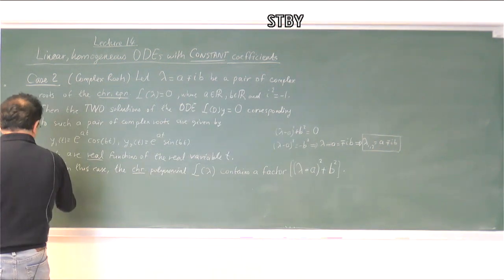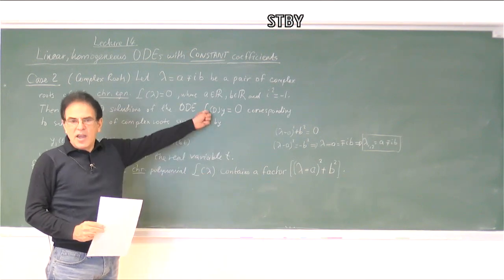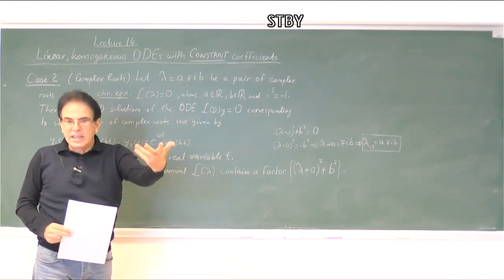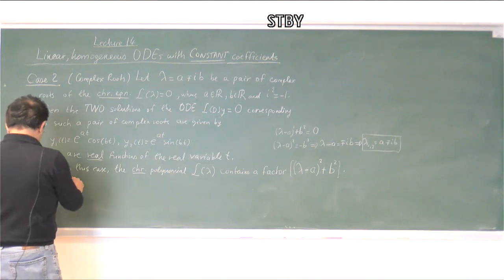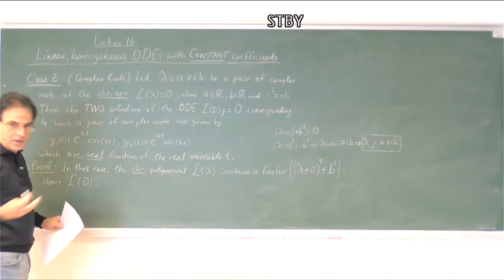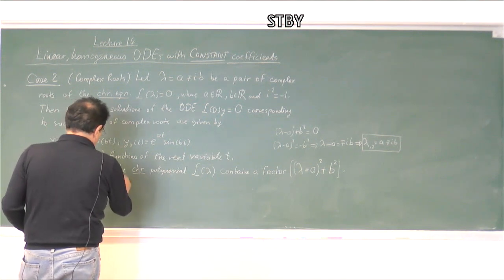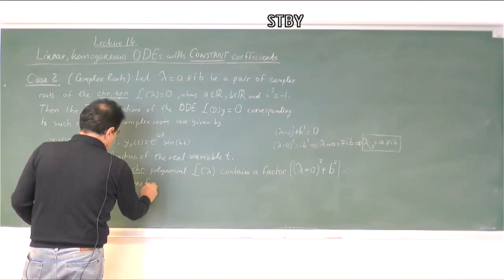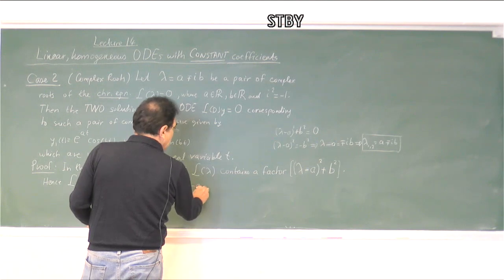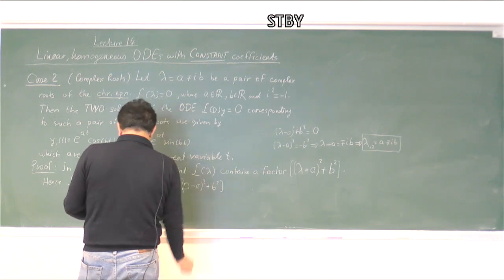Hence, remember, L of lambda is derived directly from the differential operator L of d on replacing d by lambda. So L of d, the differential operator, contains the same factor, d minus a squared plus b squared. Good.